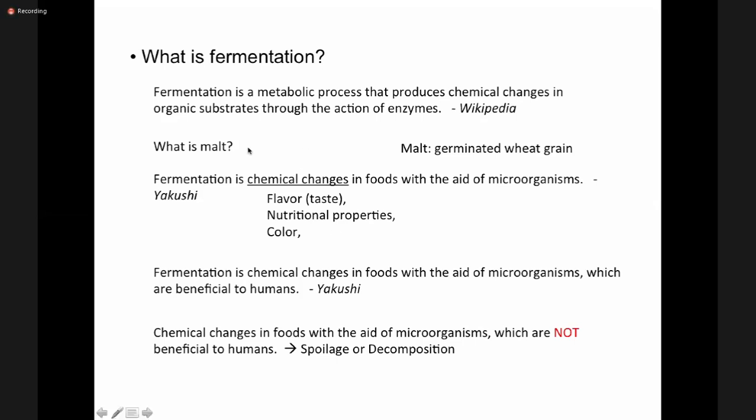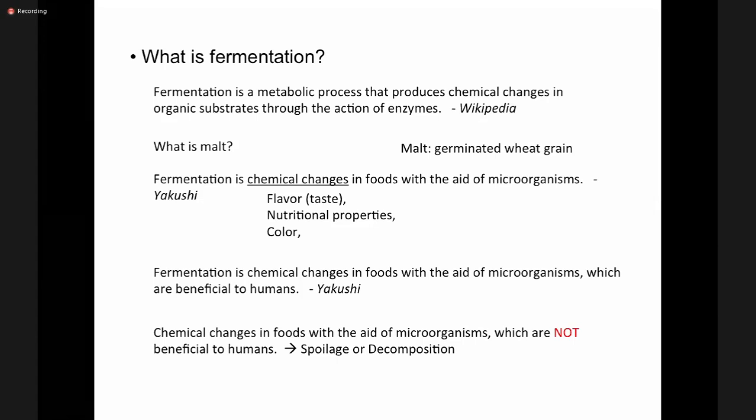Therefore, malt is not a fermentation product because it does not involve microorganisms, just germinated wheat grain. And what are the chemical changes? Maybe flavor or taste, which are very similar to each other.